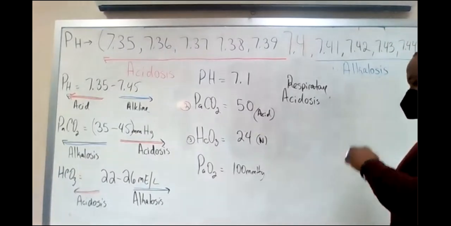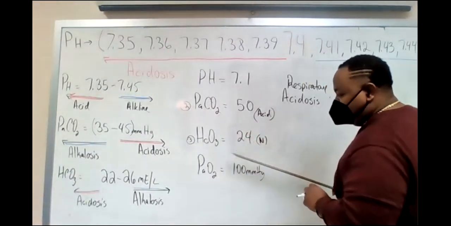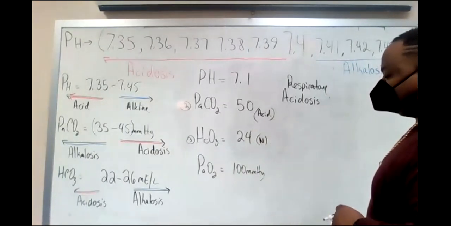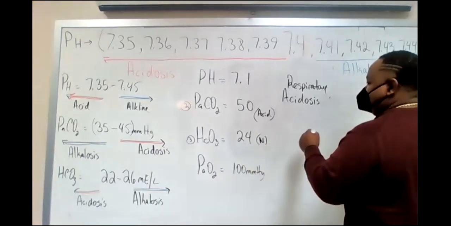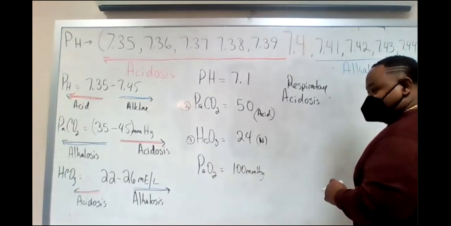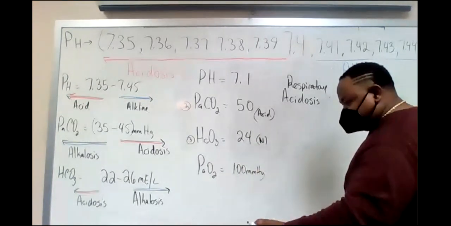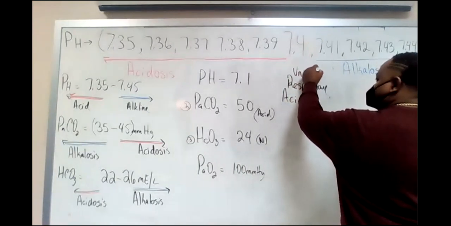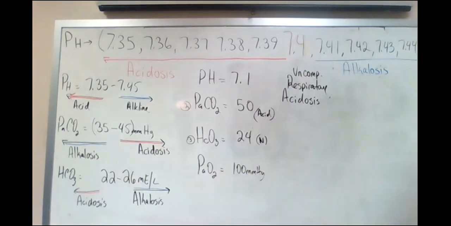Okay, so rule number 3 says, is the third player in normal range? Yes or no? Yes. So the third player is in normal range. That means it's not trying to compensate, right? If the third player is in normal range, there is no compensation. So you can say uncompensated respiratory acidosis.